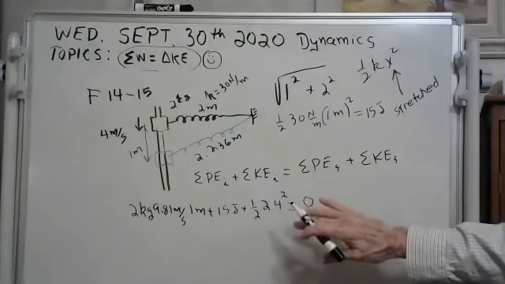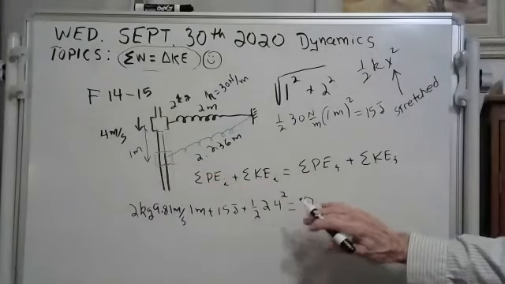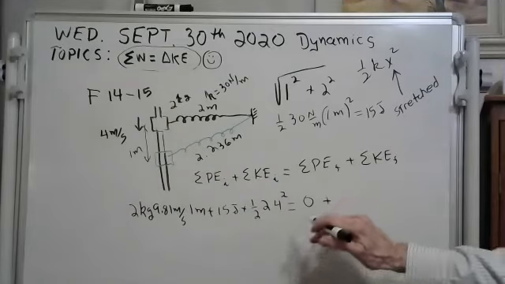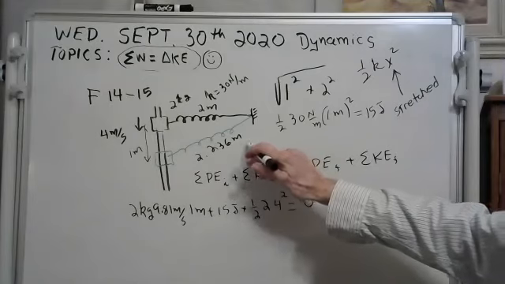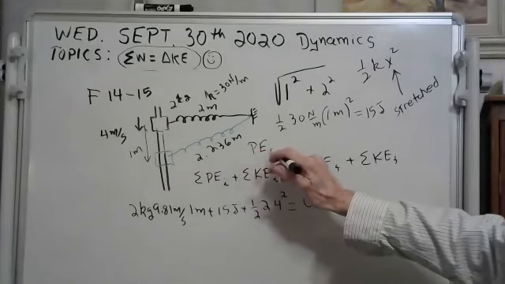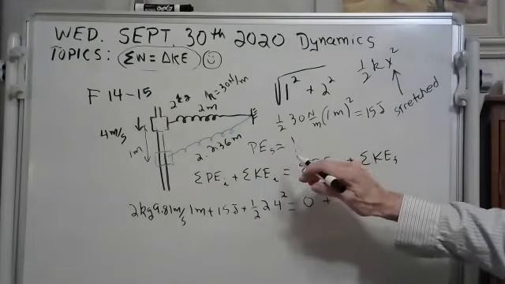Okay, now over here we have, when it gets down here, it has 0 gravitational. But what is the elastic? The elastic potential energy is, oh gee, I have about 1 minute to do this.